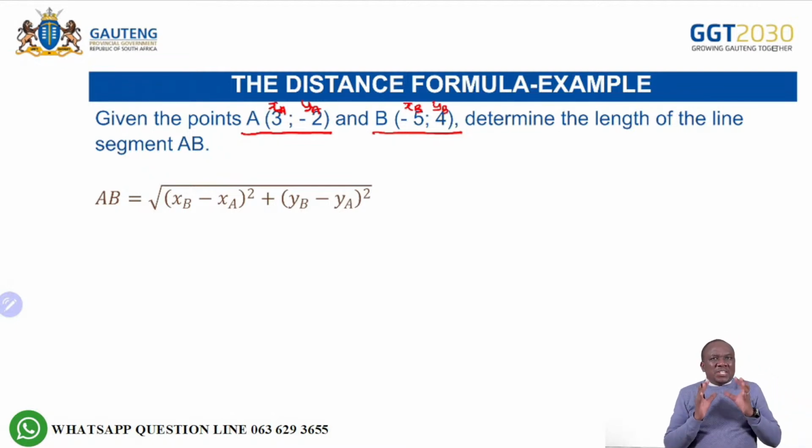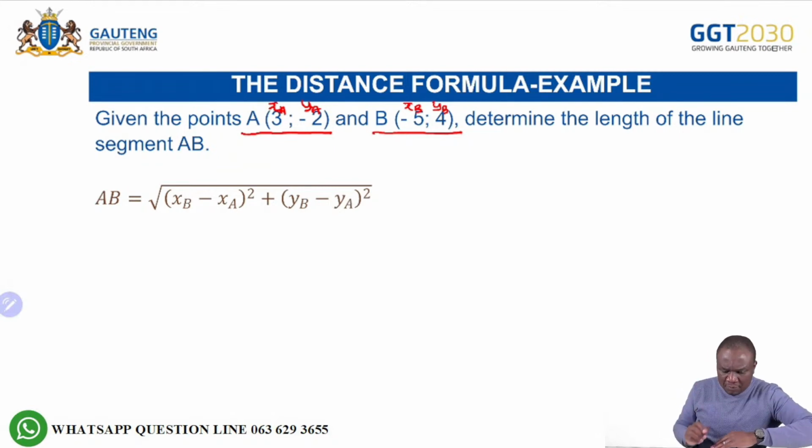So that we don't make a mistake, we cannot lose marks on this. This is easy. Distance formula, substitute correctly, and then use your calculator and get your answer. Okay, right, let's not make mistakes.